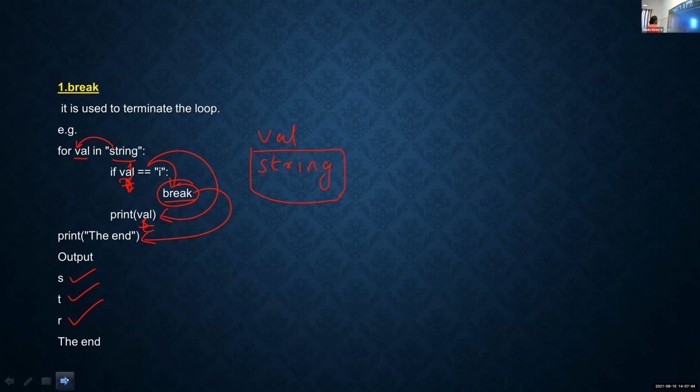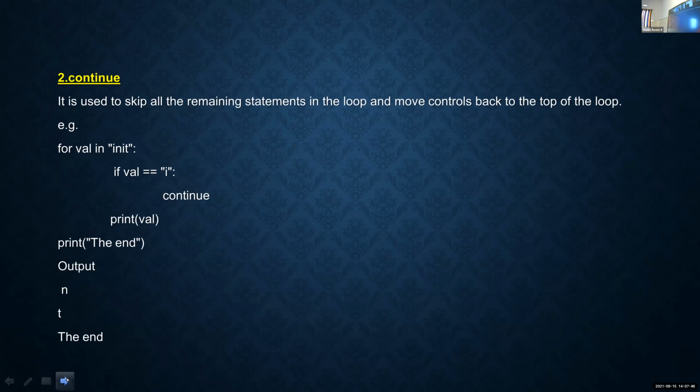Then the next one is the continue statement. It is used to skip all the remaining statements in the loop and move controls back to the top of the loop.